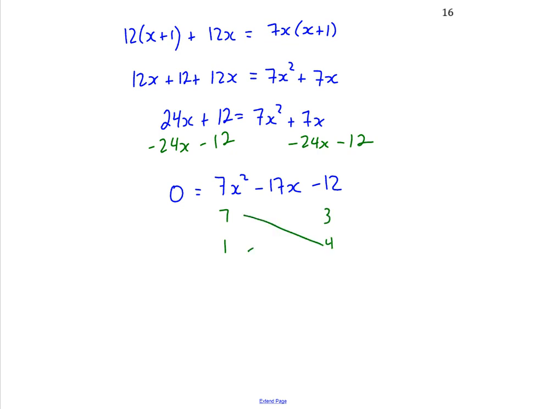So that's 28 and 3 won't work, so I'll switch the 4 and the 3. Get 21 and 4. Can we make 17 out of that? Yeah. We want to make a negative 17, so I need the 21 to be negative, which means the 3 is negative. And the 4 would be positive. Okay, so that factors to.